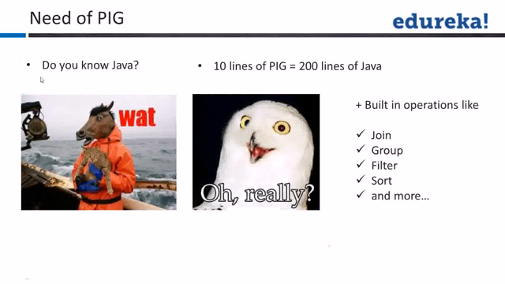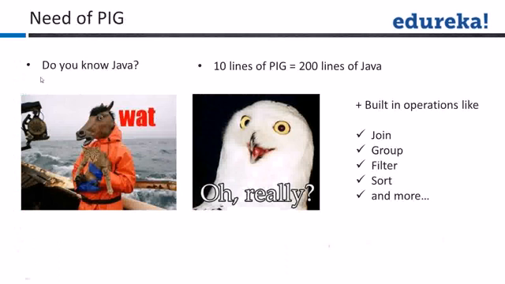Now, even if you know Java, even if you do not know Java, there is still a reason why we should use Pig. If you do not know Java, then obviously Pig is one solution. Pig has a higher level of abstraction than Java. You don't have to really write map and reduce programs or think about the internals. You don't have to break your problem into what will run on the map and what will run on the reduce, which actually is not a very simple task.